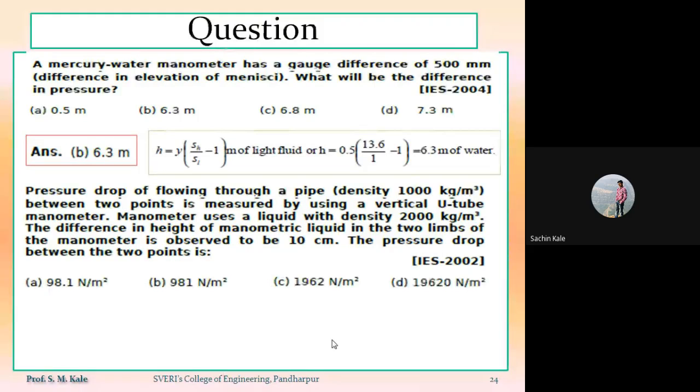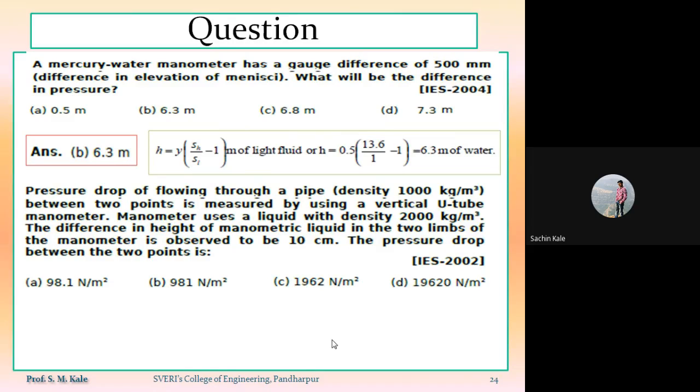So this is the question which was asked in IES 2002, and here if you see, all the answers are in terms of Newton per meter square. That means you have to find out the pressure intensity difference between 2 points. So the problem is, there is one pipe, and through that pipe water is passing which has a density of 1000 kg per meter cube.